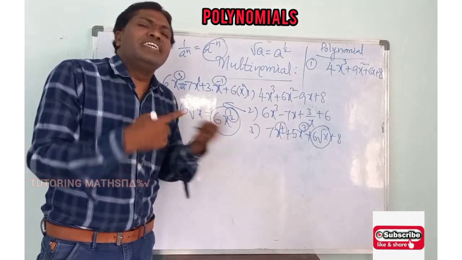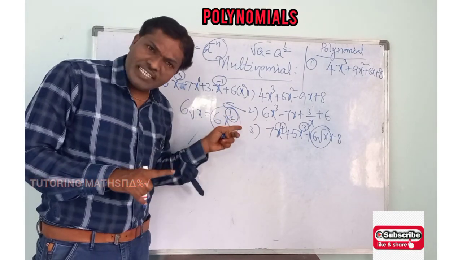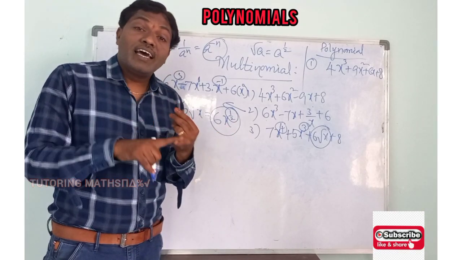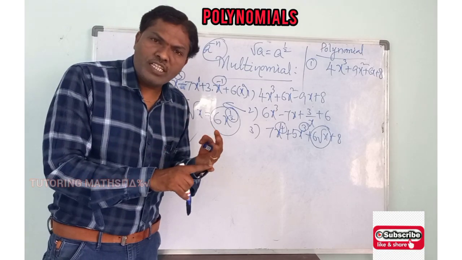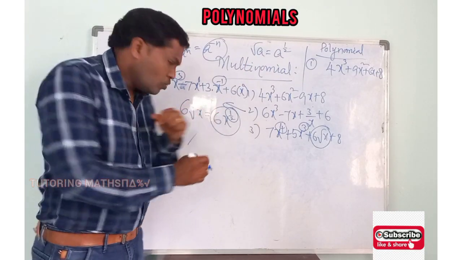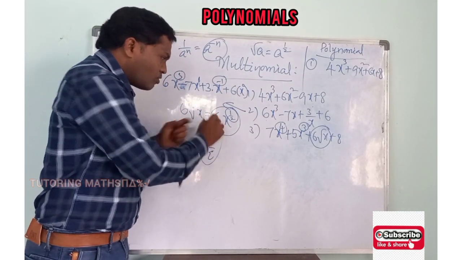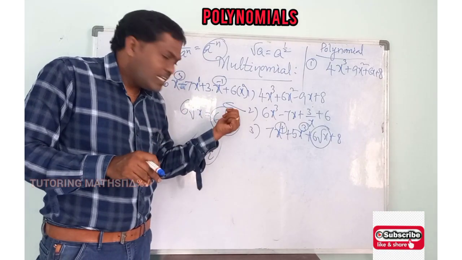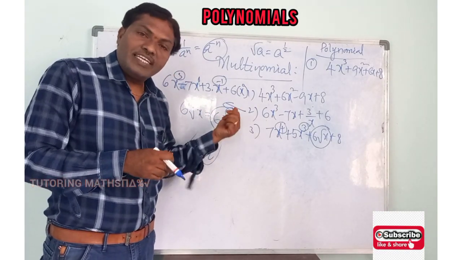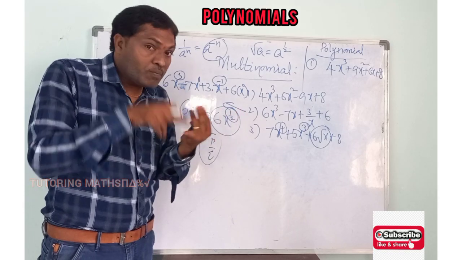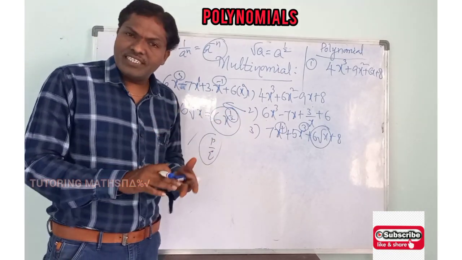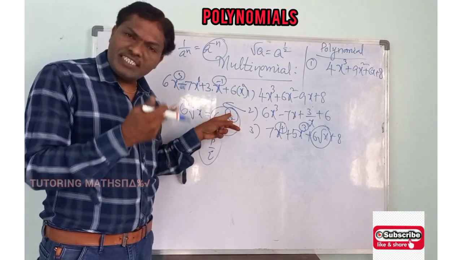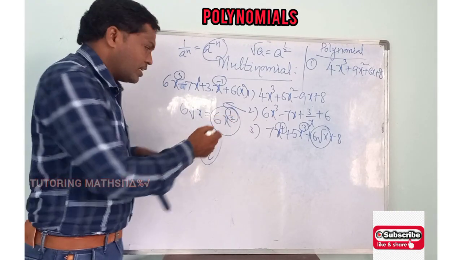It is not an integer at all. Is it an integer? 1 by 2 is not an integer. It is a rational number. The numbers which are in the form of p by q are called rational numbers. So it is in fractional form, 1 by 2. It should be 0 or a positive integer, but it is not an integer at all. So the exponent is not an integer, therefore it is not a polynomial.